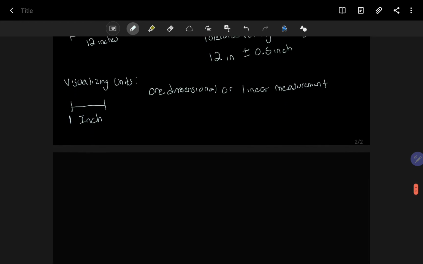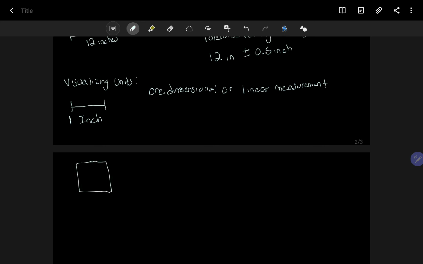Then from 1 inch, we can look at it a little bit differently. We could have 1 square inch, and that is a square that is 1 inch long and 1 inch wide. So this is a square inch.